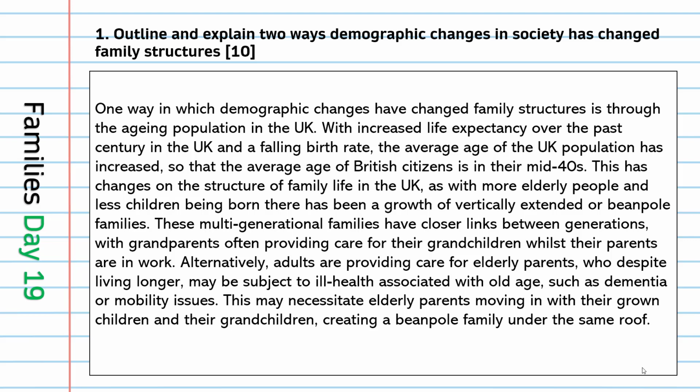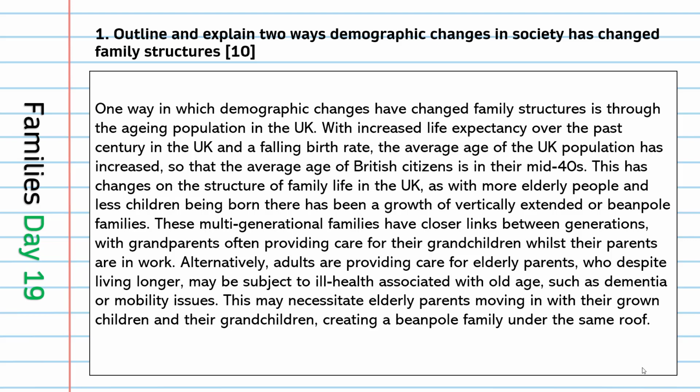This has led to changes in the structure of family life in the UK as more elderly people and fewer children are being born. There's been a growth of vertically extended or beanpole families. These multi-generational families have closer links between generations, with grandparents often providing care for their grandchildren whilst their parents are in work. Alternatively, adults are providing care for elderly parents who, despite living longer, may be subject to ill health associated with old age, such as dementia or mobility issues.